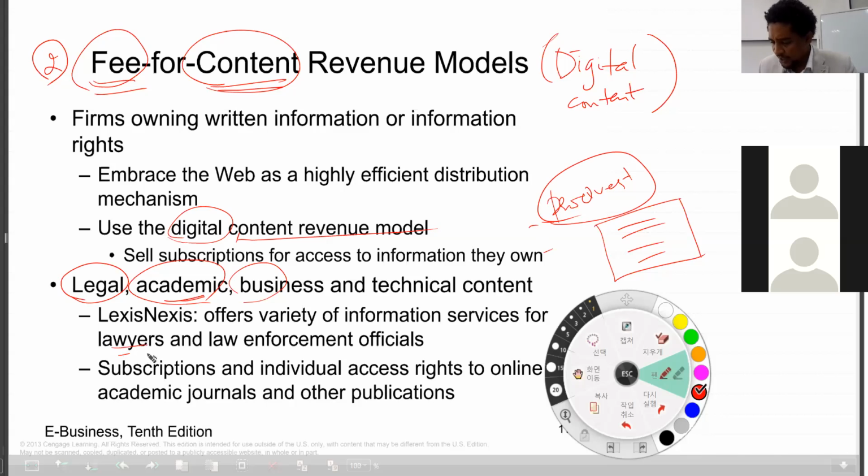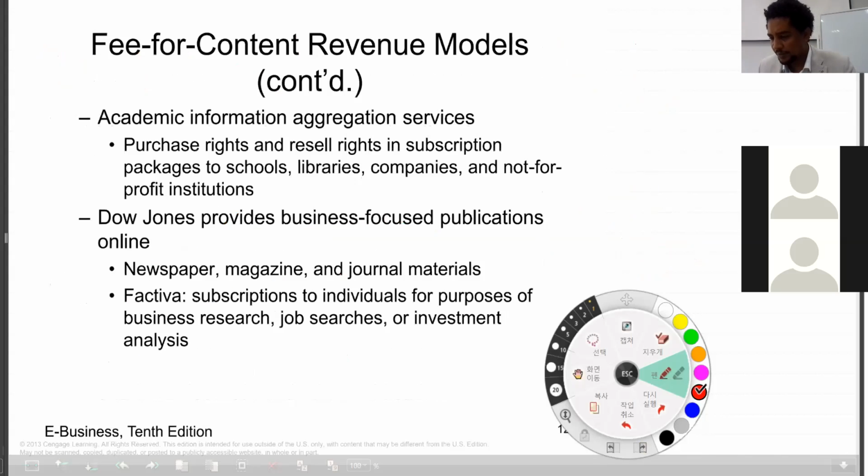And as I've said, lawyers, law enforcement officials, consultancy services. And also newspapers. For example, there is the New York Times or the Wall Street Journal, and so many other newspapers or magazines.